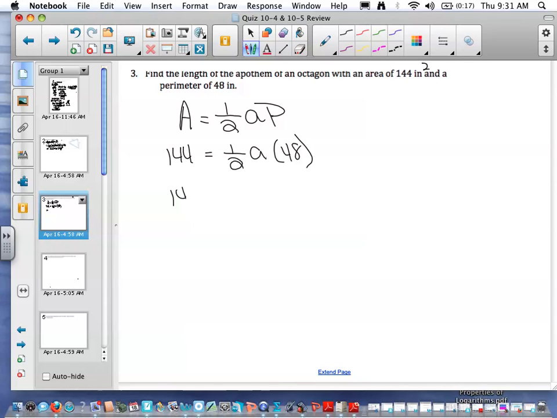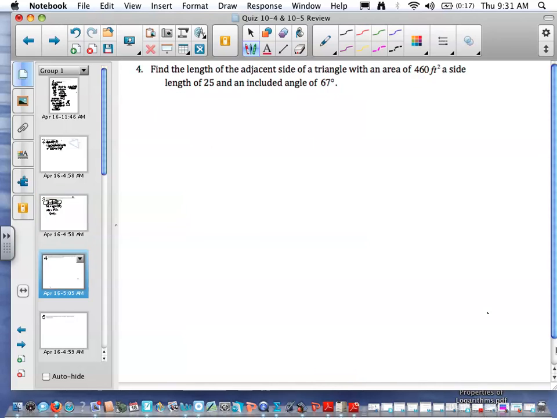To make this simpler, you can take half of 48, which is 24, and then take 144 divided by 24, and you'll get that the apothem is equal to 6. Again, you should know the formulas and be able to substitute in the information you're given to find the information that I'm asking for.